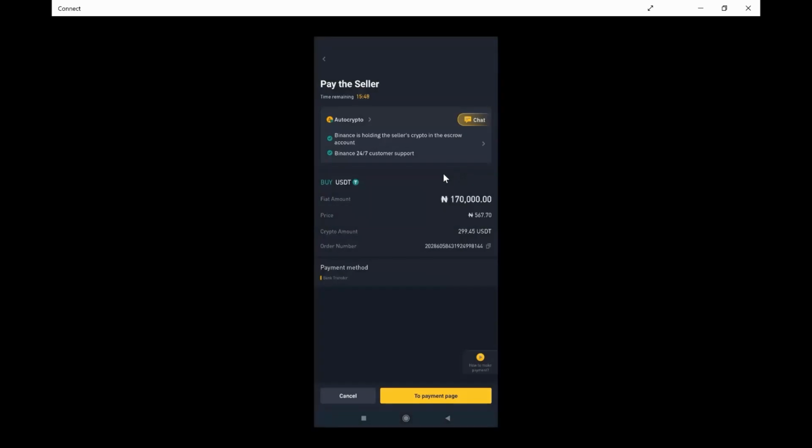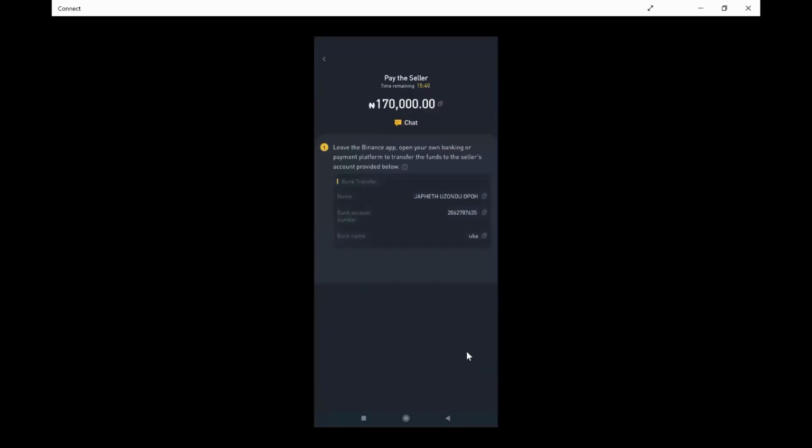Okay, so in this scenario, once you have this, you go to the payment page. Once you have the details, the person's bank account details, like this one is UBA, that's the bank account number, please pay with your own bank account.